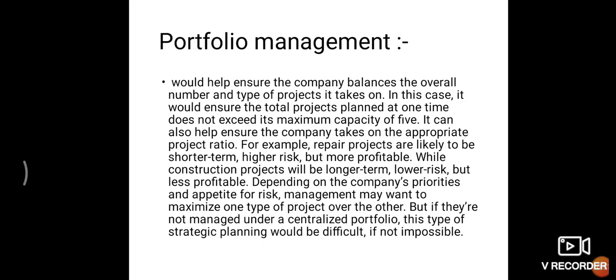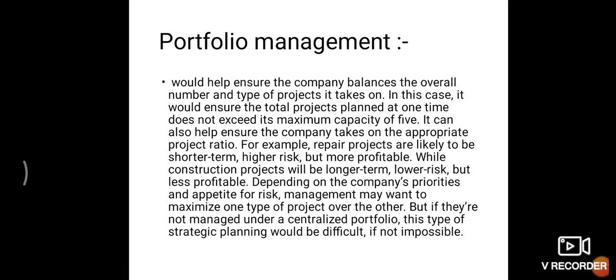Depending on the company's priorities and appetite for risk, management may want to maximize one type of project over the other. But if they are not managed under a centralized portfolio, there are two kinds of projects running at the same time.